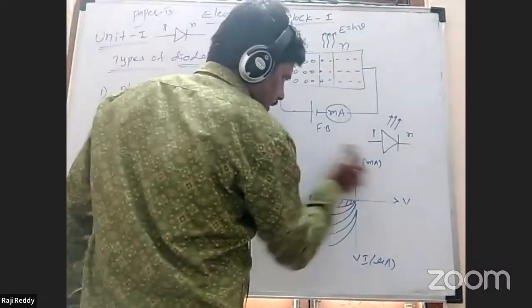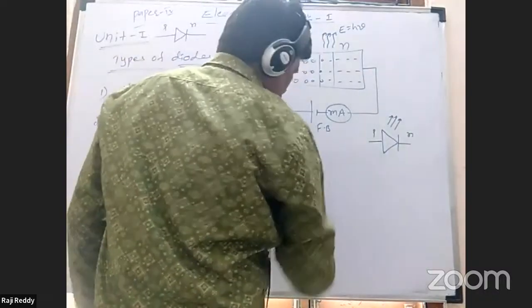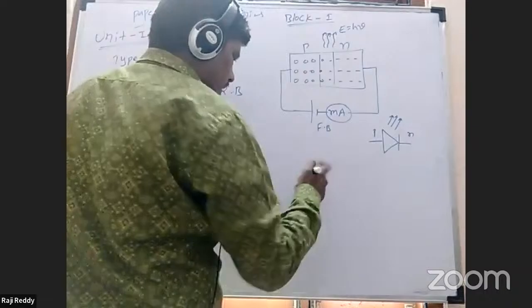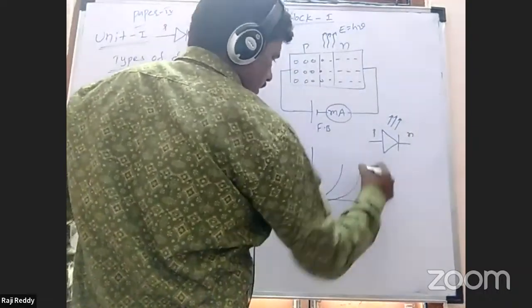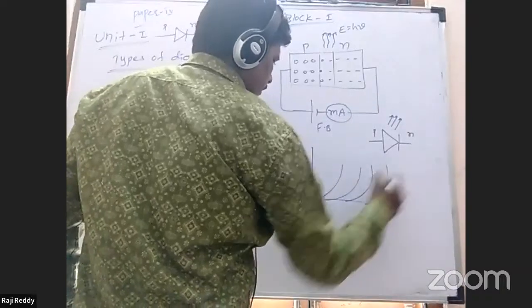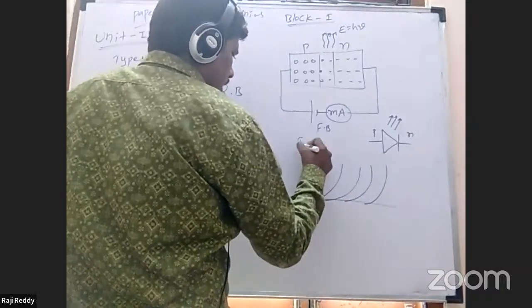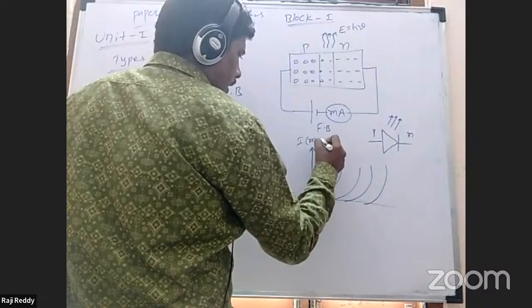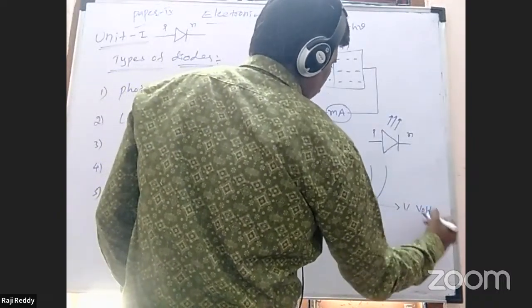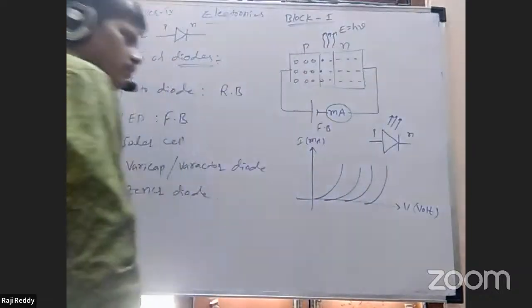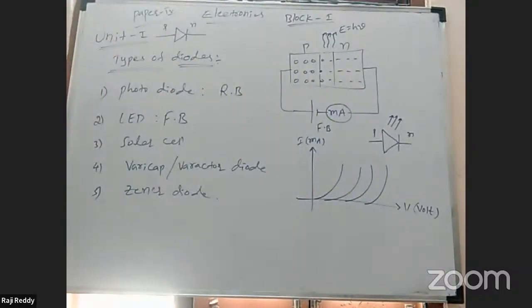Then the graph. It is obtained in forward bias, which means the first quadrant in my way. We get different colors, VGR colors. The current value is in milliampere and the voltage is in volts. That is the IV characteristics of the LED.